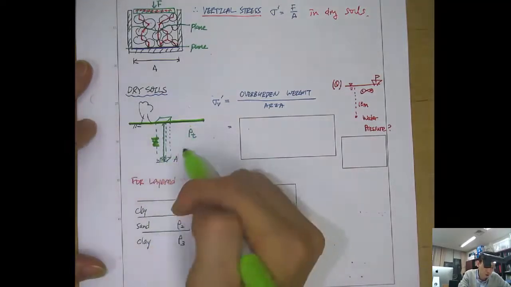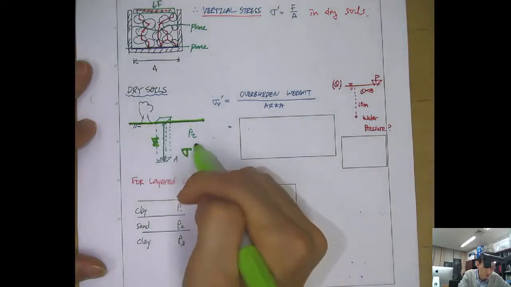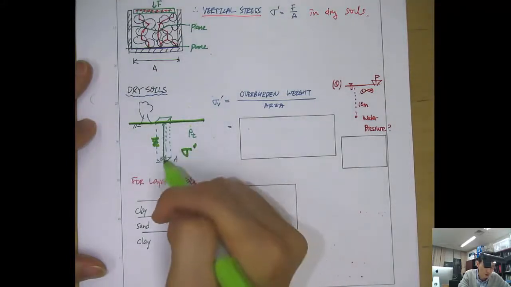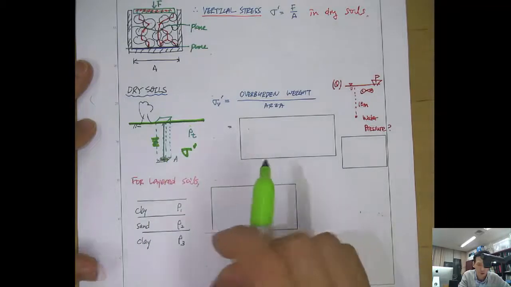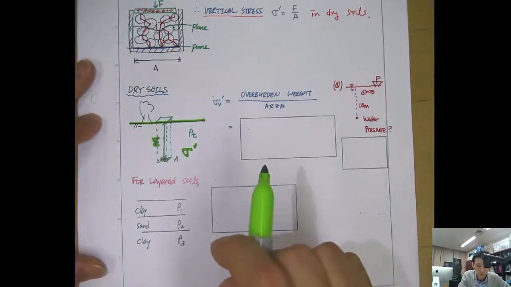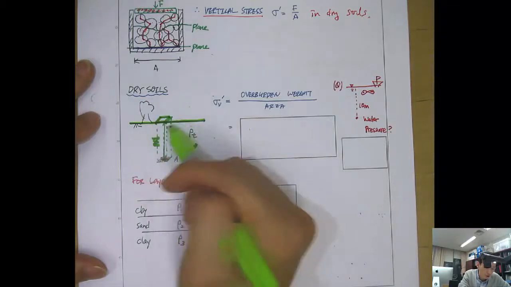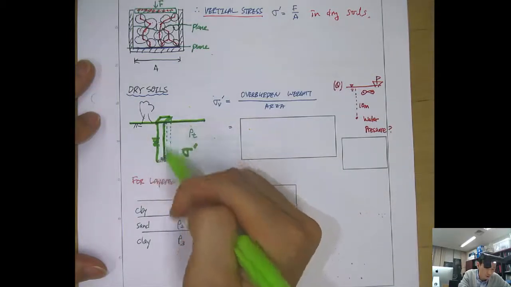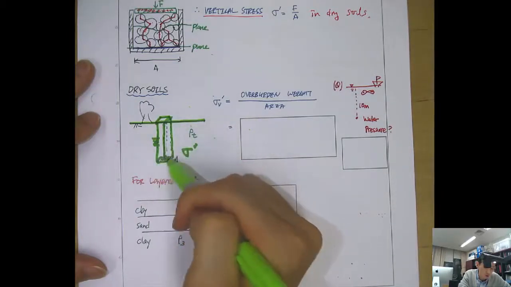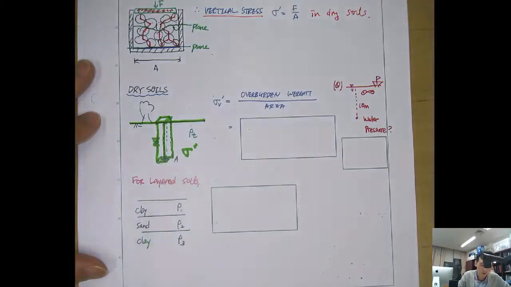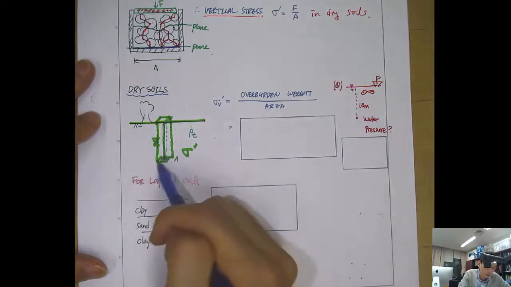We want to know the effective stress that's applied at this point A, or at the depth of Z. So then you can think of this soil column, the overburden, overlying this plane A.